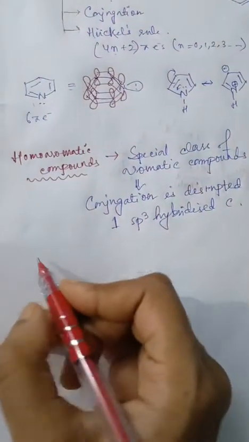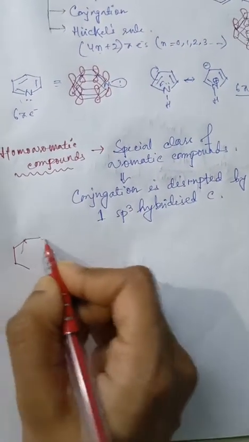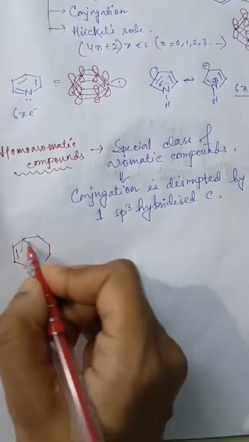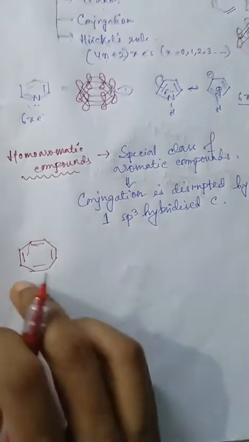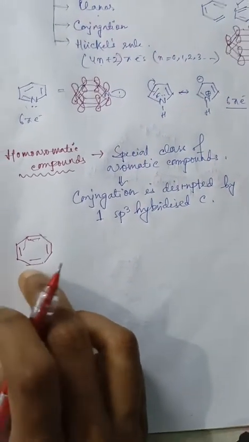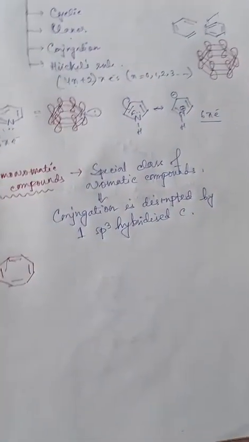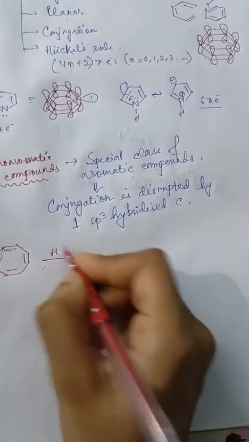For example, I am giving you an example. This is cyclooctatetraene. 4 double bonds are there. Let me know whether you know that this compound is aromatic or not. I'll upload a detailed video on that later. So when you treat this with acid, what will happen?